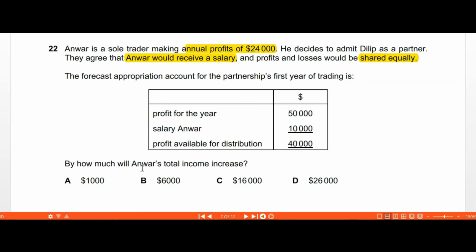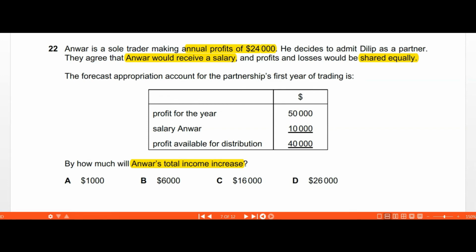Now, by how much will Anwar's total income increase, right? So the total income for Anwar will be increasing by the profit share that he is getting. Now the distributable profit is only 40,000, and we did mention earlier that this profit is shared equally. So when the profit is shared equally, that makes the amount for each partner 20,000.